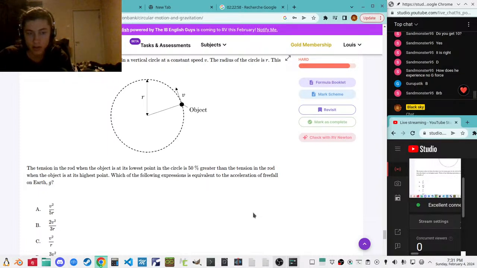So mg plus T is equal to mg minus T, is it equal to, no, it's equal to minus T minus mg.